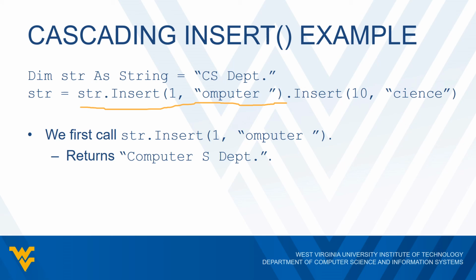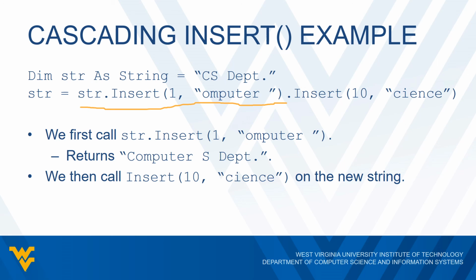So then what we're going to do is we'll call the remainder of our method. So we're going to call the next insert method on this new string. So we're not calling the insert method on the original CS department. We're now going to call it on computer S department. And what this is saying is we're going to add the "cience" without an S at index 10.